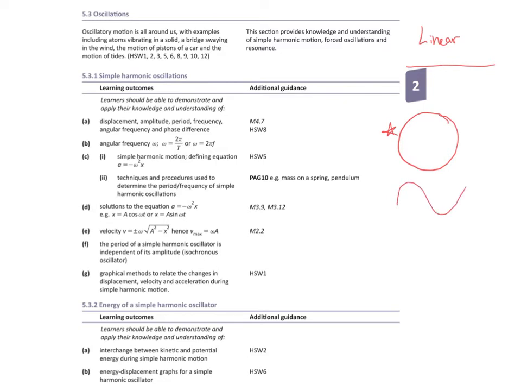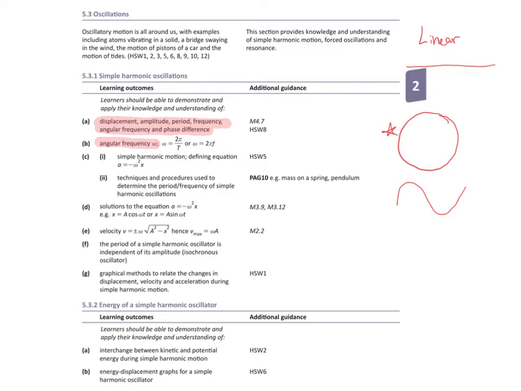So here are some key terms that will be useful that we already learned in waves. You're expected to know what displacement, amplitude, period, frequency, angular frequency, and phase difference are in terms of oscillations. Angular frequency, even though it's similar, is exactly the same equation as in circular motion.